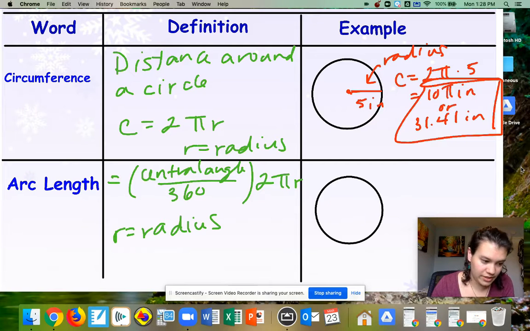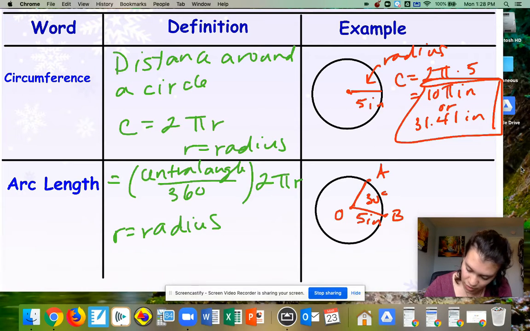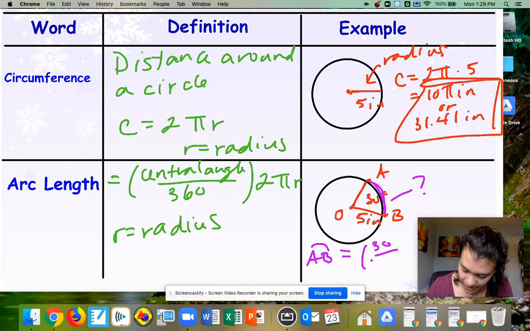So if we go over here to this example, let's say our center is O, and this can be A and B. This will be 30 degrees, and we'll keep this at 5 inches. So what we're trying to figure out is what is this length. So to enter it into the formula, our arc length of AB, or arc AB, would be 30 divided by 360 times 2 times pi times 5.